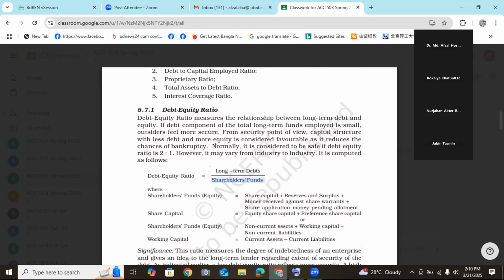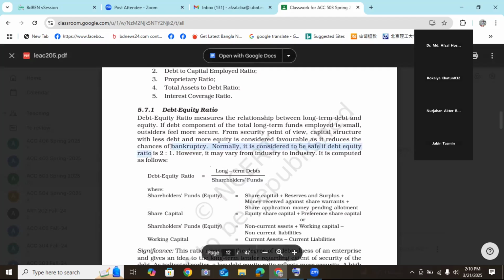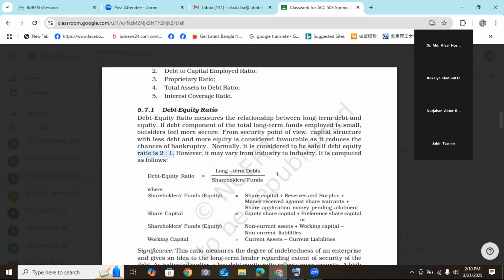There is a thumb rule: normally it is considered to be safe if the debt equity ratio is 2 is to 1.